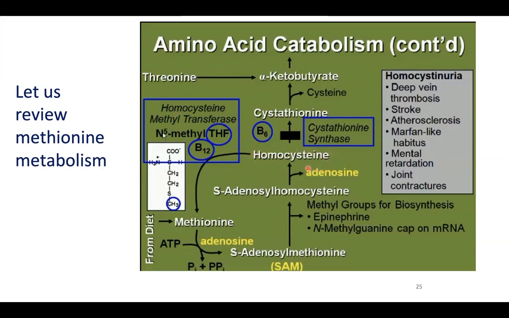Now, what actually happens? Methionine synthase, also called homocysteine methyltransferase, is deficient in this disorder. This leads to impaired conversion of homocysteine into methionine, resulting in accumulation of homocysteine. In some cases, these patients may also have cystathionine synthase deficiency.